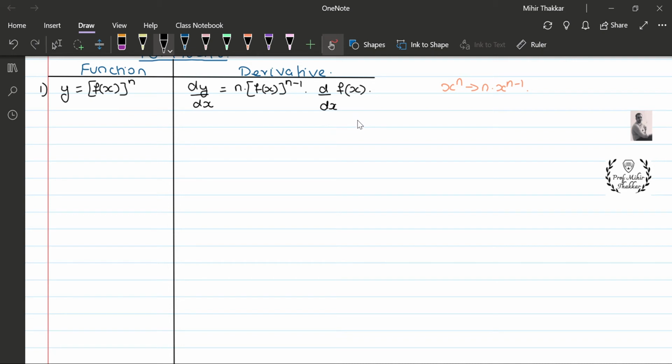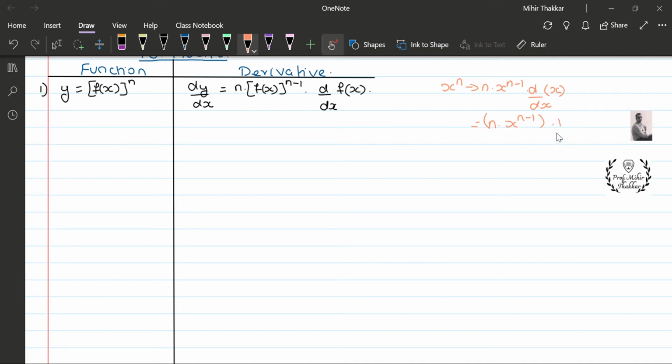Now you will think, why did we not do it over here? Obviously we could have done it over here also, but if we multiply this with the derivative of x, which is the base value over here, as you can see I am multiplying this with the derivative of the base fx. So here if I multiply with the base, which is x, then what is the derivative of x? It is 1. So I will get n into x raised to n minus 1 multiplied by 1.